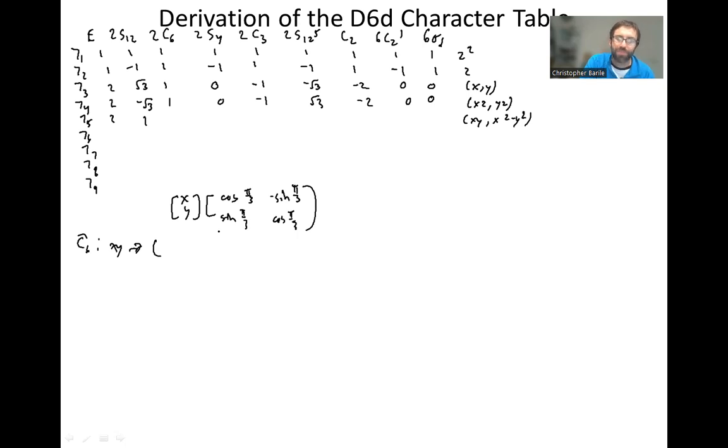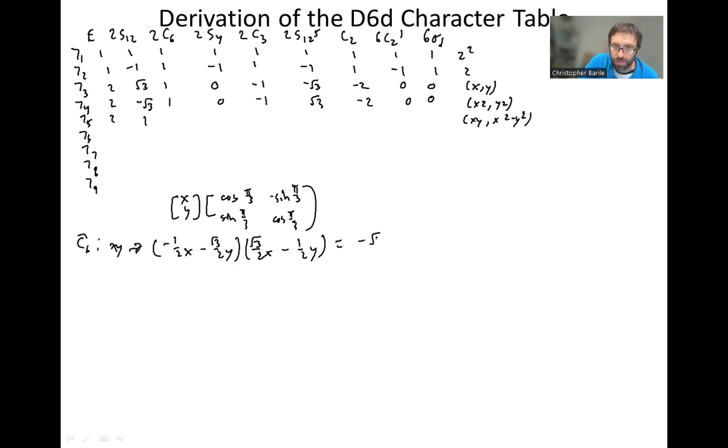Cosine pi over 3 is a negative 1/2. So negative 1/2 x minus sine pi over 3 y, root 3 over 2 y, times the y term, which is root 3 over 2 x, minus 1/2 y. And so again, we have to FOIL this out.